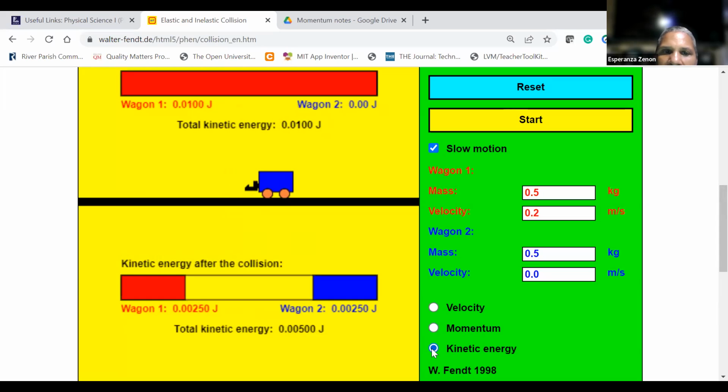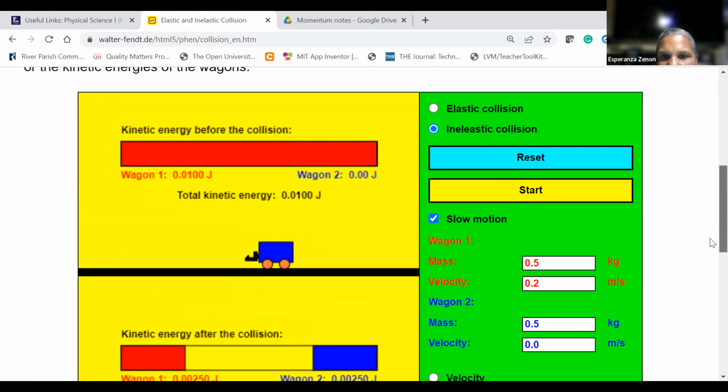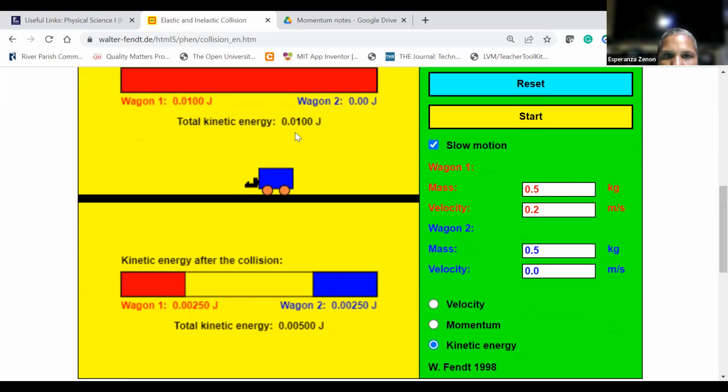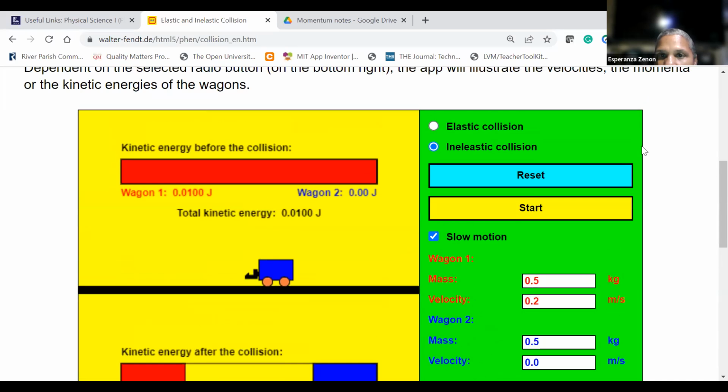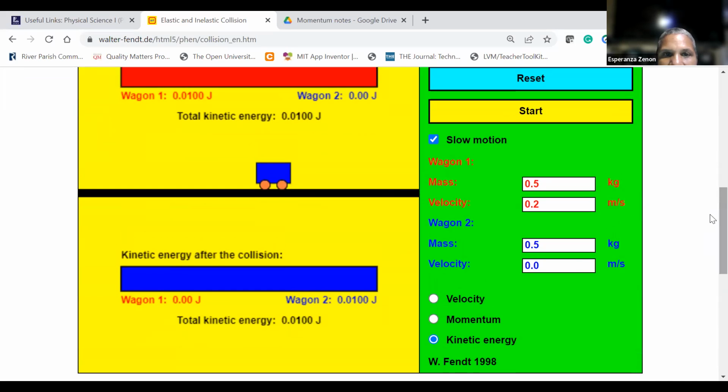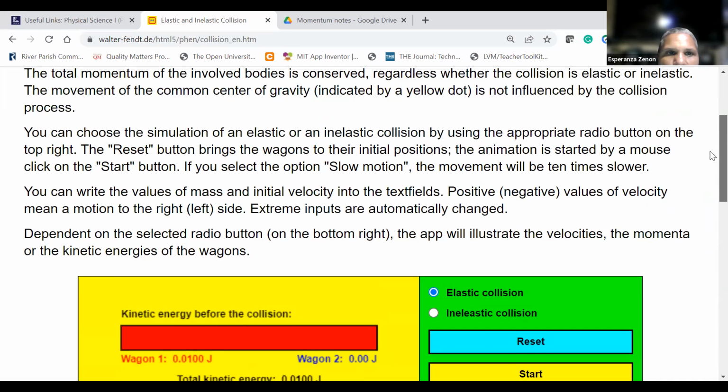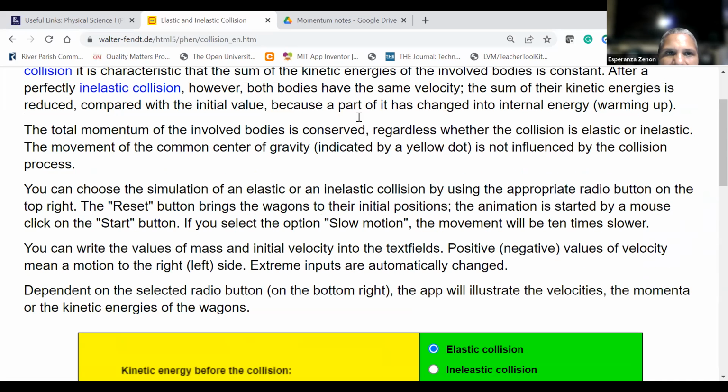If I put it on kinetic energy, you can see the kinetic energy for an inelastic collision is not the same because the total before is this and the total after is that. What about if I make them elastic? Okay. Now I see that the total kinetic energy, excuse me, is conserved, right? So I like this one a little bit better because you don't have as many bells and whistles to manage, okay?